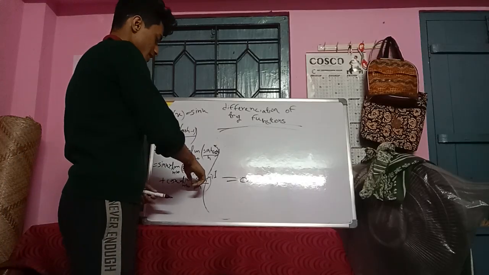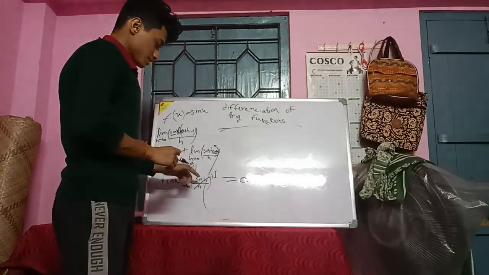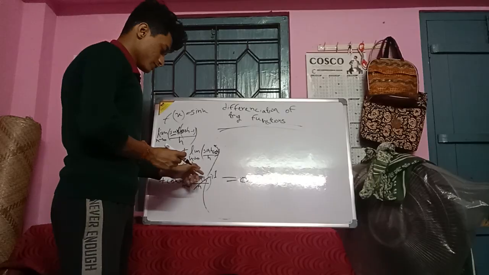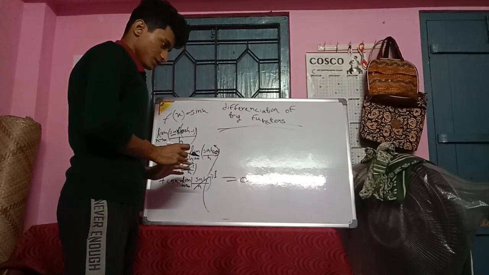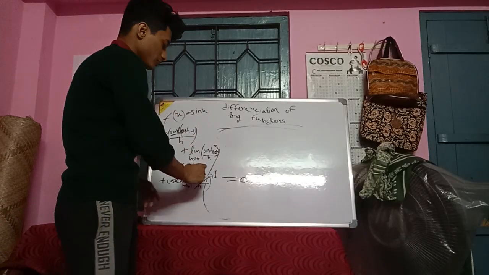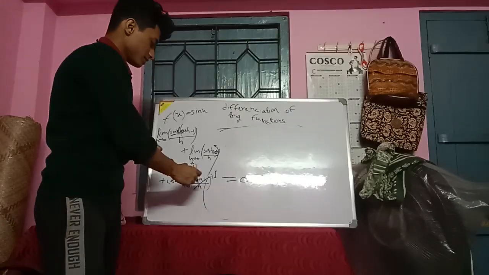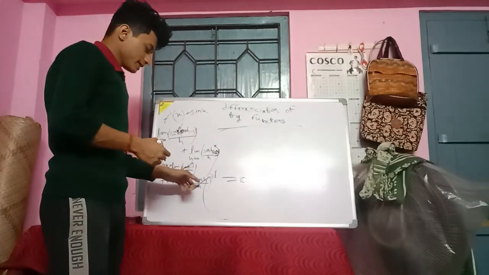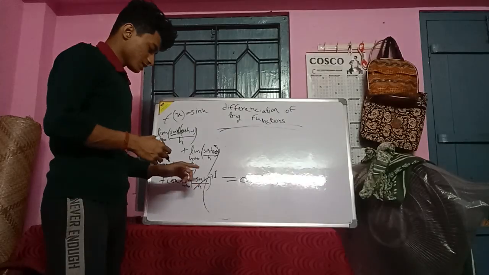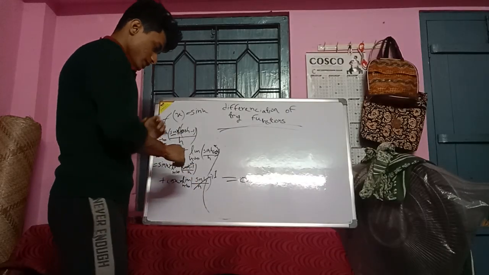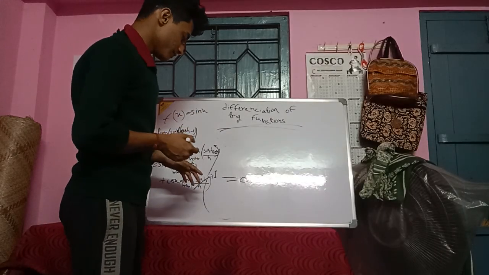Because sine 0 is 0, and since we are slightly larger than 0, the value of sine h would be slightly larger than 0, and the quantity we are dividing it by, h, too would be slightly larger than 0.